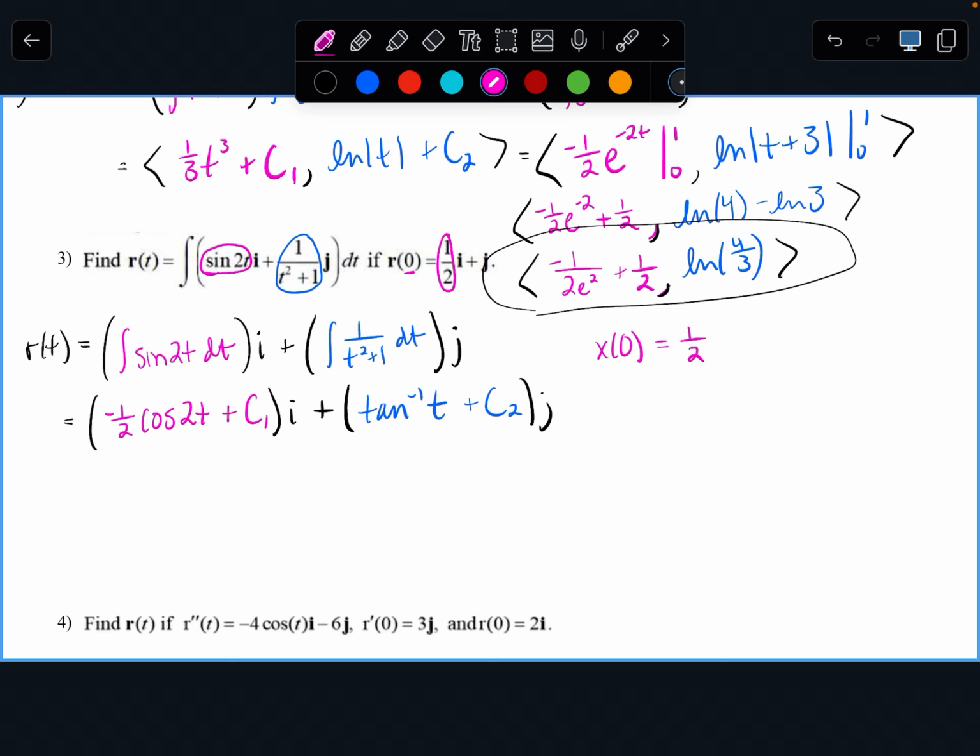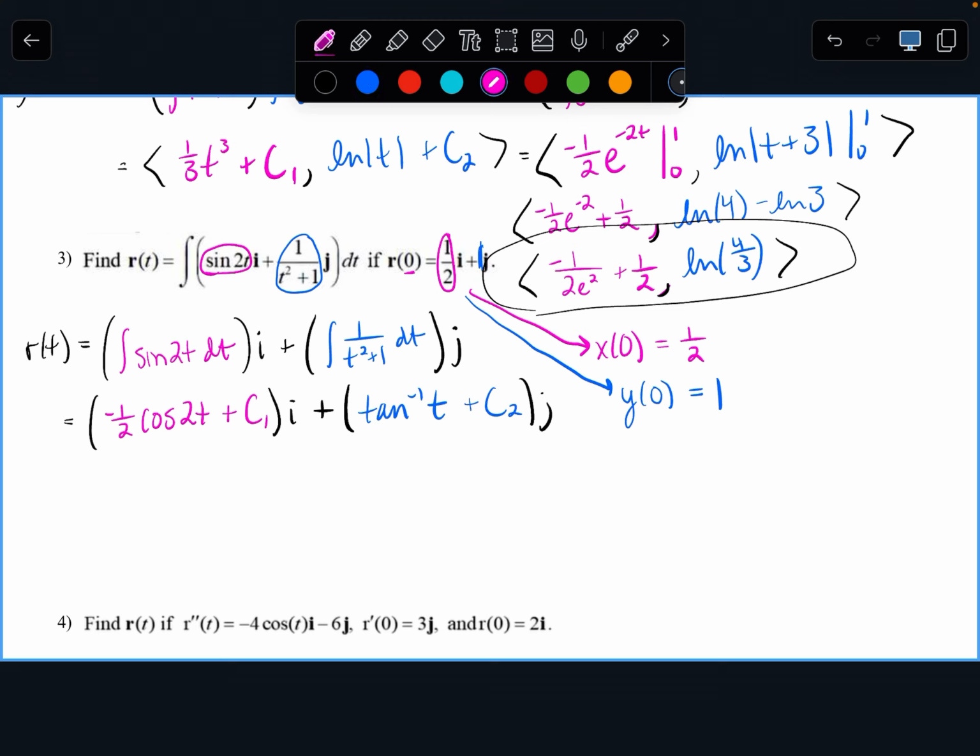That's coming from this thing. And then y of 0 is the number in front of j, 1. So you're going to solve these cute little algebras to get your c's. You're going to do the 0 and the half for the x stuff, and then the 0 and the 1 for the y stuff, and then you'll be done.